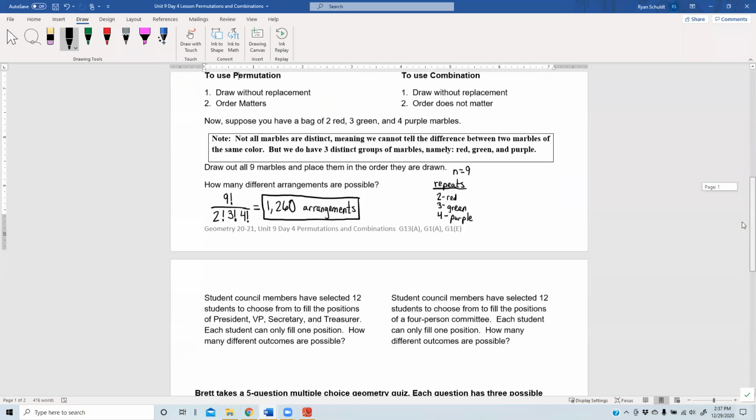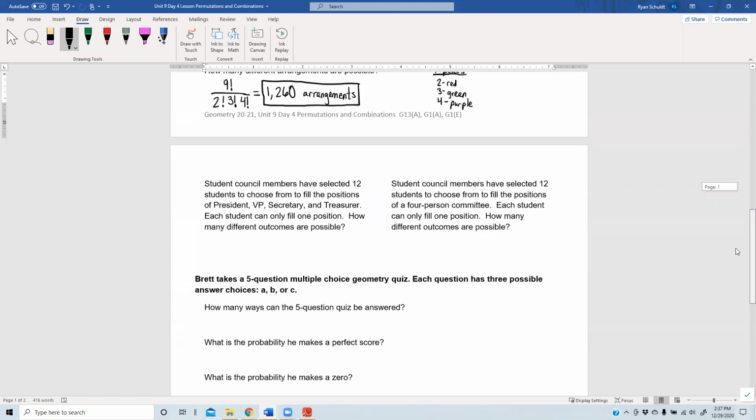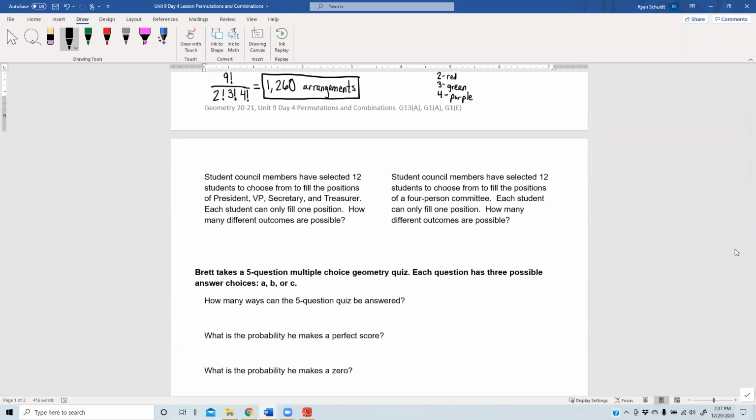Okay, on to the back. Student council members have selected 12 students to choose from to fill the positions of president, vice president, secretary, and treasurer. Each student can only fill one position. How many different outcomes are possible? Okay, so let's see. We're dealing with president, vice president, secretary, and treasurer.